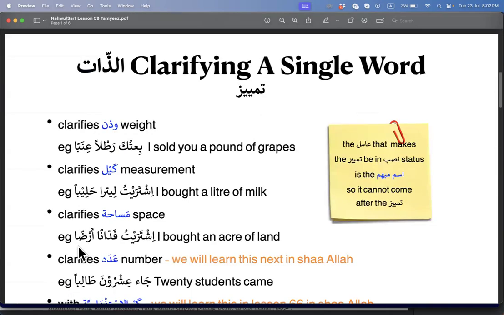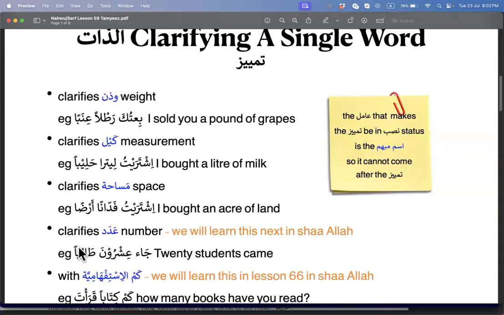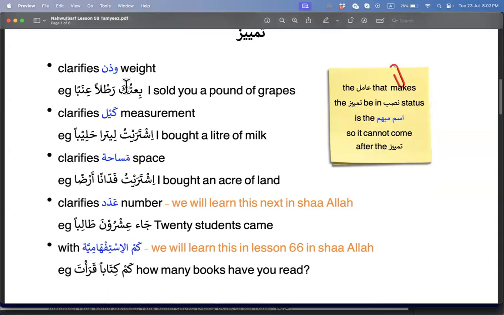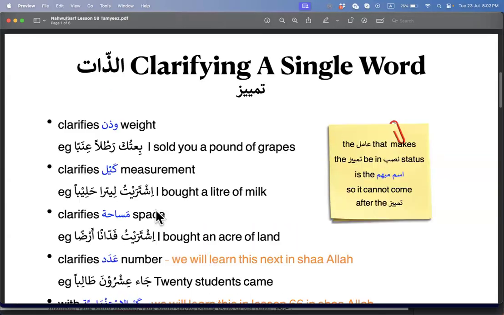So this one is when you have things like weight, measurement, space, number, then you have tamyiz for that. For example, in the first sentence, what do we have here? Bi'tuka, what kind of word is this? Fi'il madi, ana.